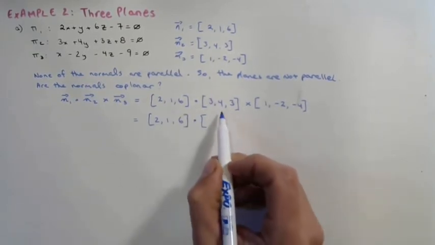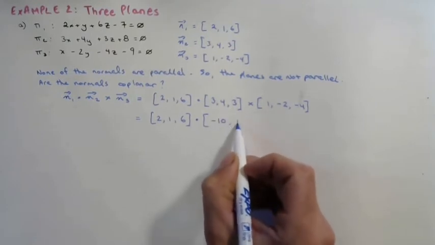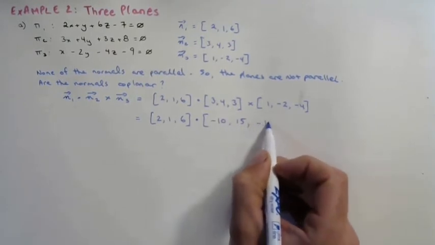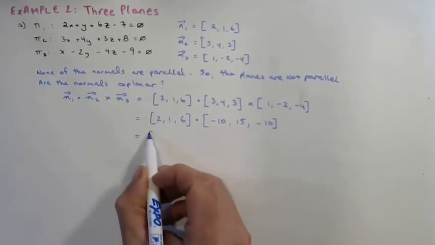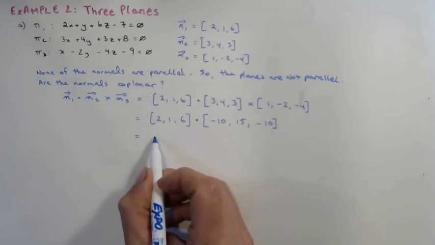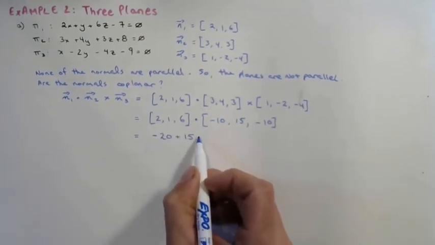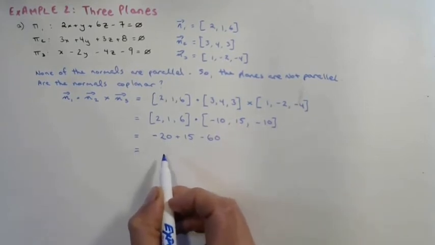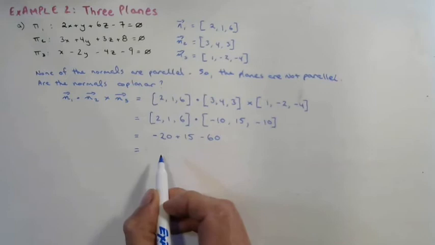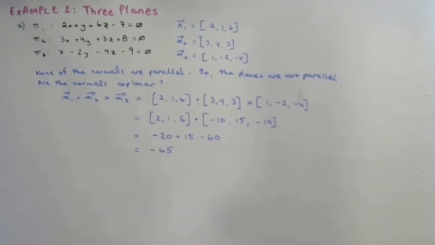So the cross product of N2, N3 is negative 10, 15, negative 10. To take the dot product of this, I've got 2 times negative 10, which is negative 20, plus 15 minus 60, which gets us negative 65.